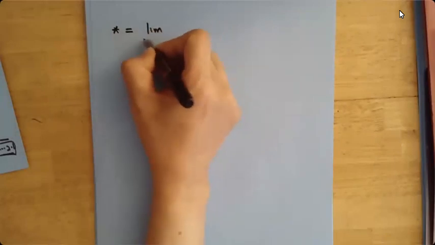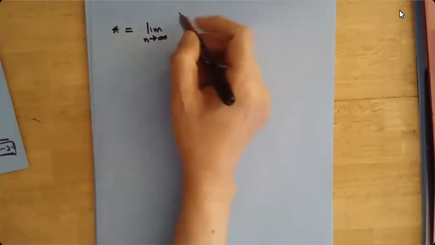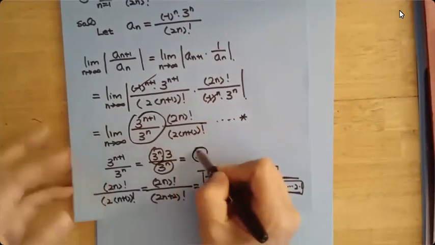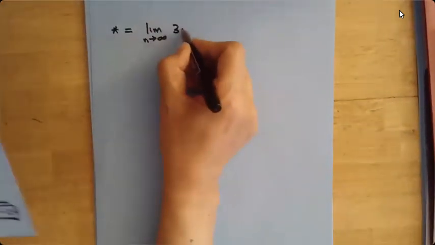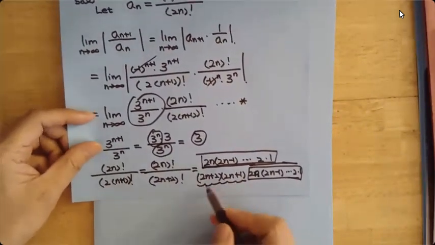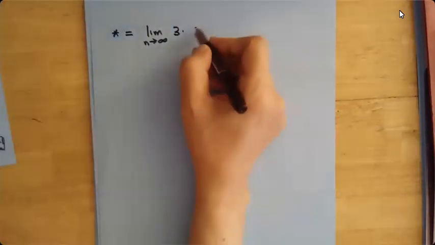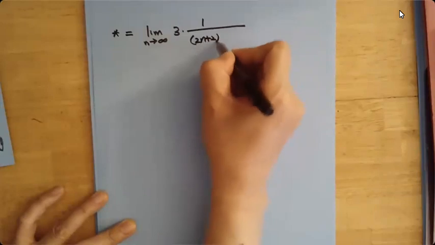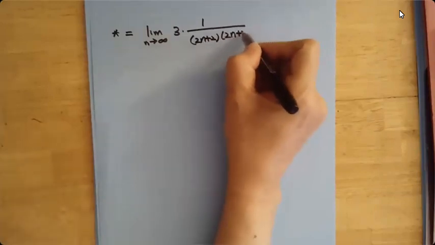So we can rewrite this limit as the limit as n goes to infinity. This part turned out to be 3, times the second part, which turned out to be 1 over 2n plus 2 times 2n plus 1.